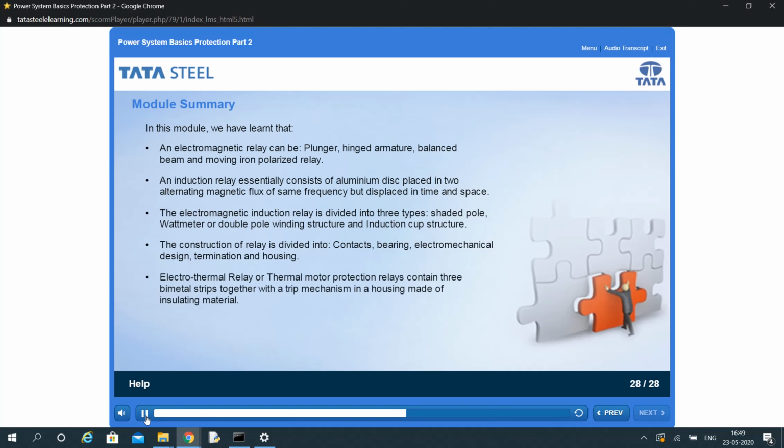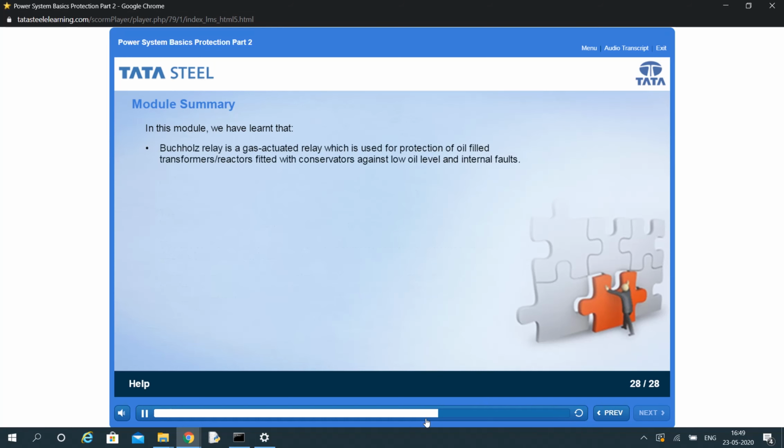Electrothermal relay or thermal motor protection relays contain 3 bimetal strips together with a trip mechanism in a housing made of insulating material. Buchholz relay is a gas-actuated relay.